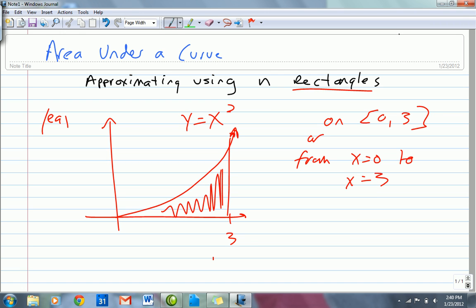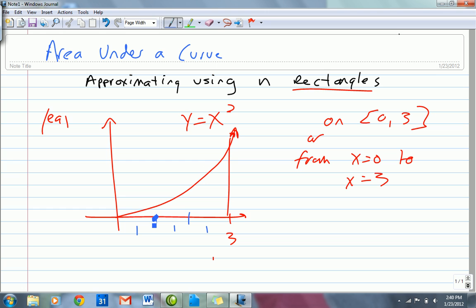Okay. So what I'm going to do is decide to use rectangles. You know why? Rectangles are nice and easy, and I'd rather use rectangles for now. Since I have 1, 2, 3 nice unit lengths here, I'm going to decide that each of the bases of my rectangles will be 1. I'm going to take a look at my first, what I call subinterval, and I'm going to put a point here.